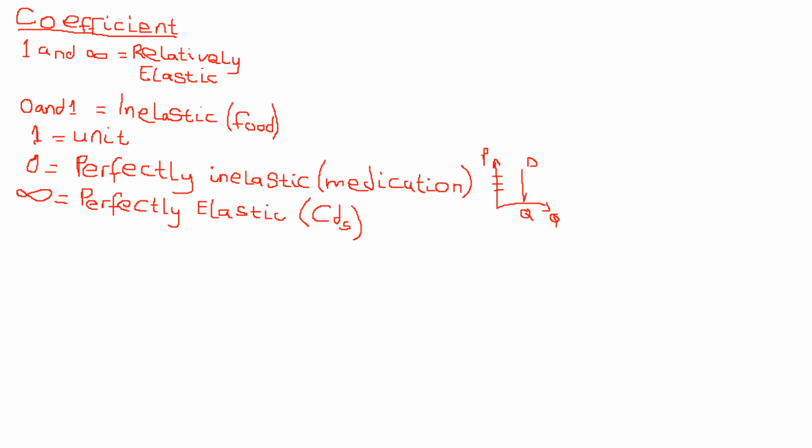And then for products that are perfectly elastic, you do recall from our dynamics of perfect markets that if this is my price and this one is my quantity, the demand curve is going to be a horizontal demand curve, like that.